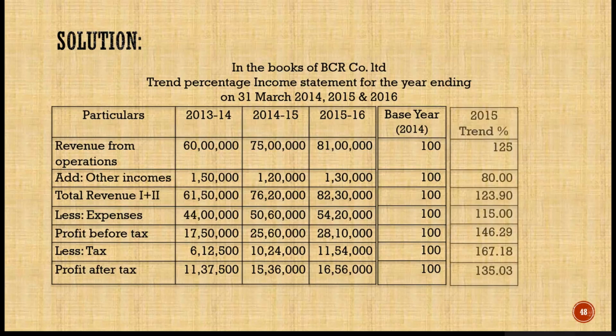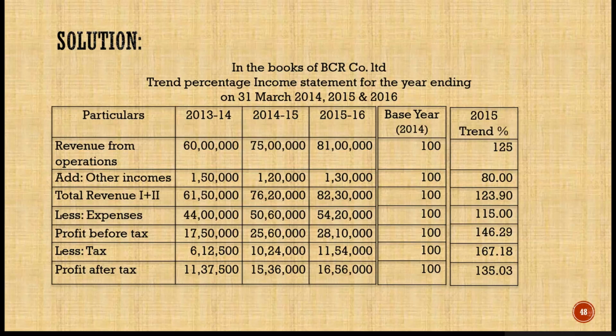By using the formula, we arrived at the trend percentage of the year 2015. You can see here the figures which are more than the base year are presenting a percentage more than 100, and if the amount is less than the base year figure, then it is below 100.